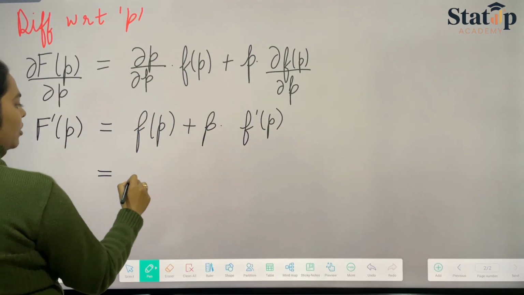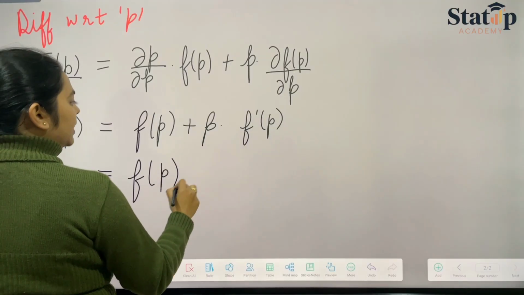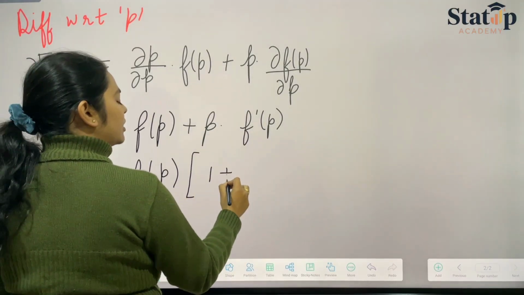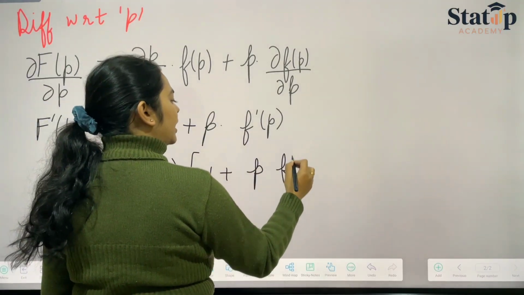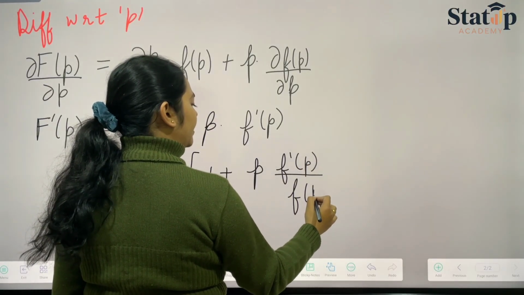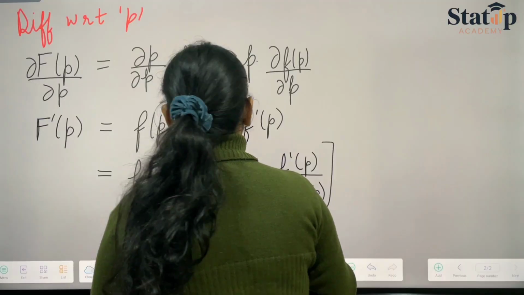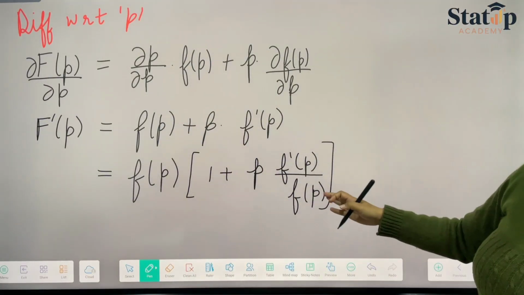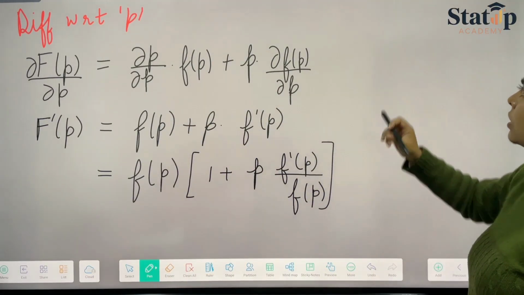If we take f(P) common, we will be getting 1 plus P f'(P) upon f(P), because there is no common term of f(P) here, so we have divided it by that.